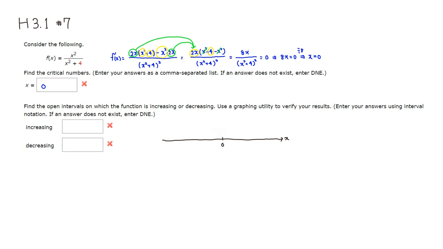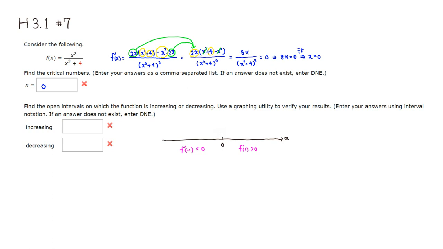If you look at the derivative, I'm going to look at f prime of, say, -1. If you plug in -1, the derivative is definitely negative. And for anything bigger than 0, I'll try 1, f prime of 1, the derivative is positive.